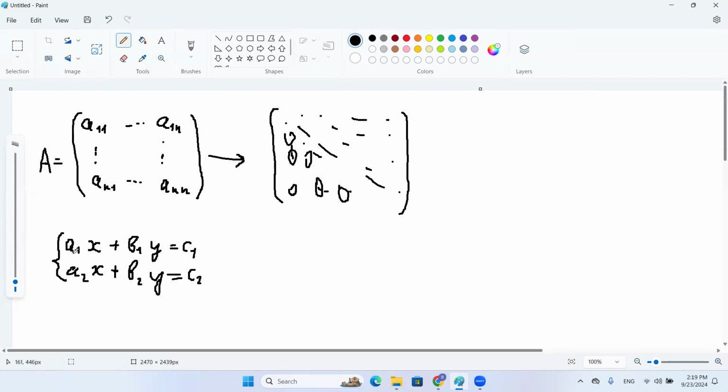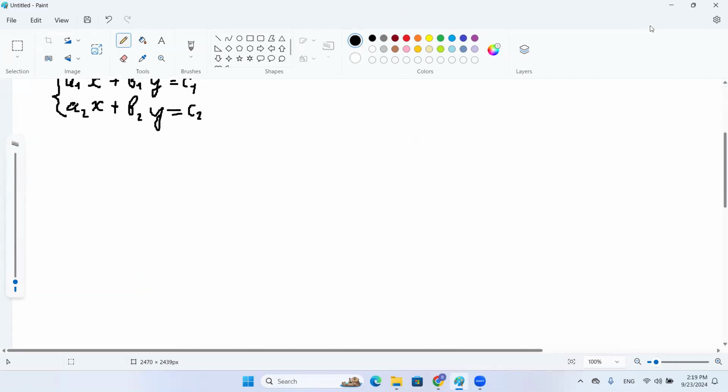You eliminated either X or Y, and here you had only one variable. And actually it was the Gaussian method. You eliminated one variable and found another, and then found everything. Actually, it's the Gaussian method, but just for two variables, and now we will use it with more variables.